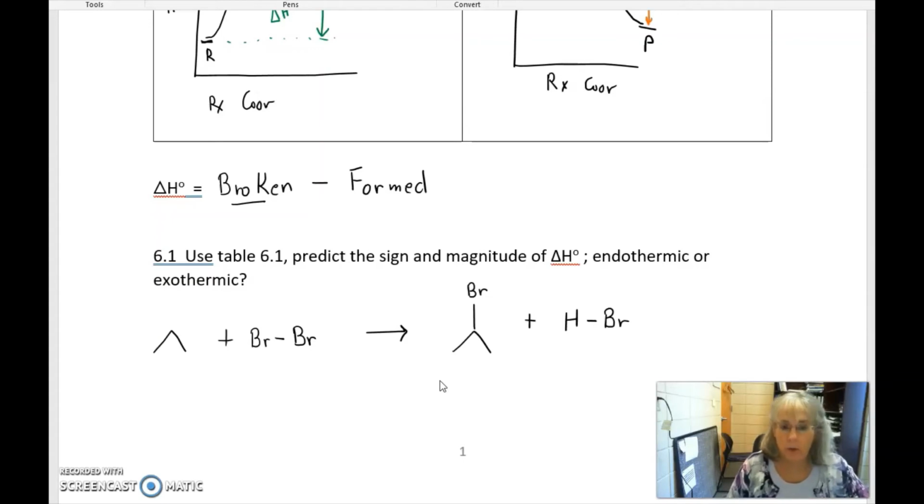We subtract the formed bonds because they're being made, and this is energy that's going out.